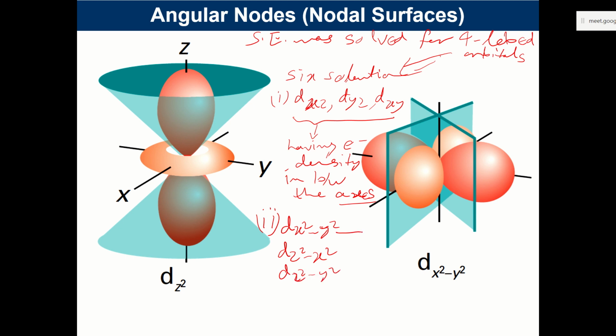So this was found to have existence, but these two were found to have, मतलब theoretically जो बताया गया, predict किया गया, these two were not found to have individual existence.